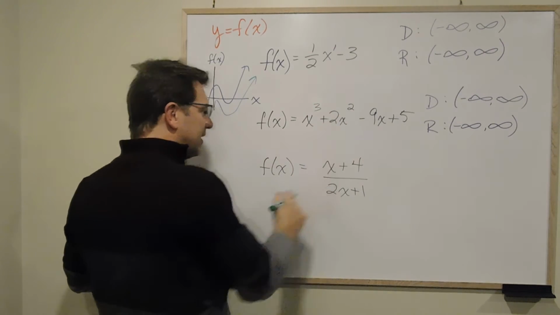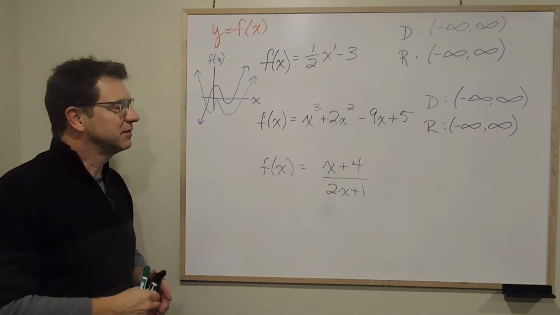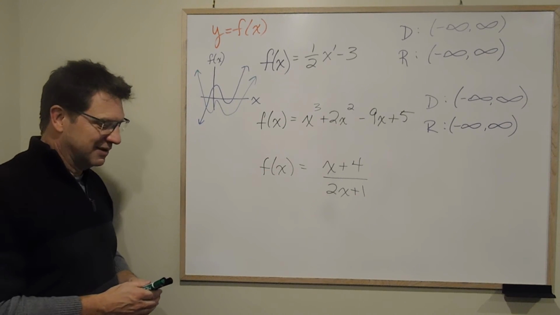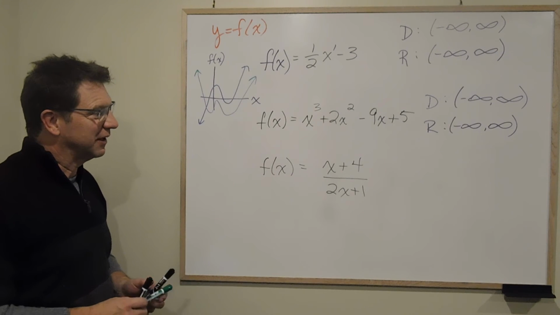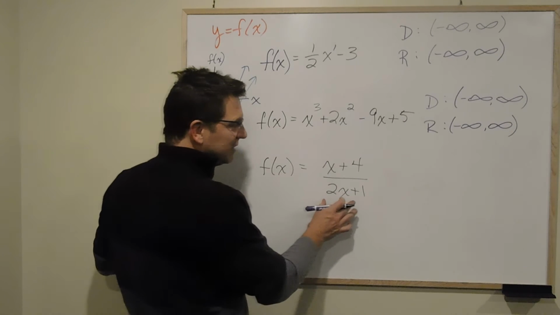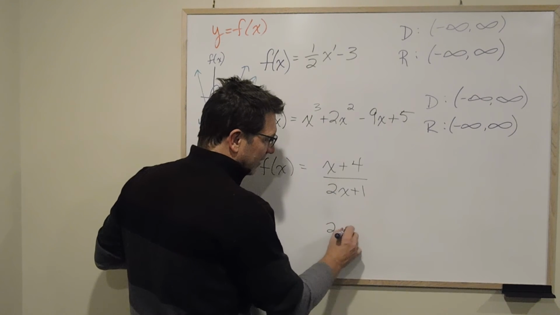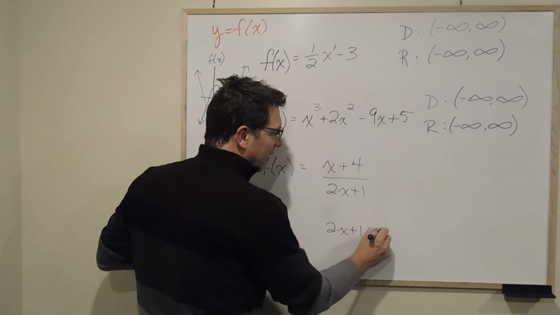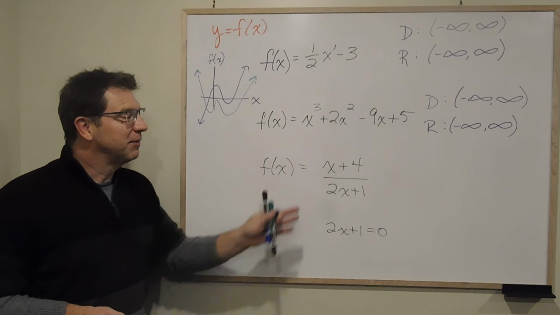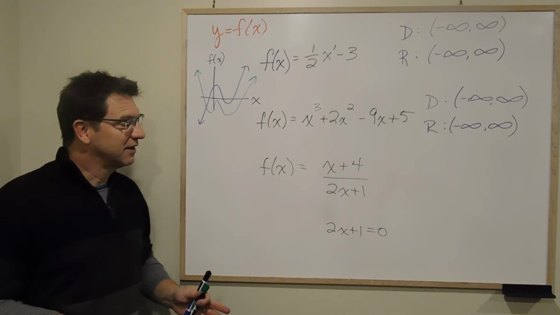Okay. Now the bottom one here is a little different. You could say, well, does every value of x work? It's not true, right? Not every value of x works, because if I just focus on the bottom, 2x plus 1, if 2x plus 1 were to equal 0, we would have a problem, because we'd be dividing by 0, and we can't do that.